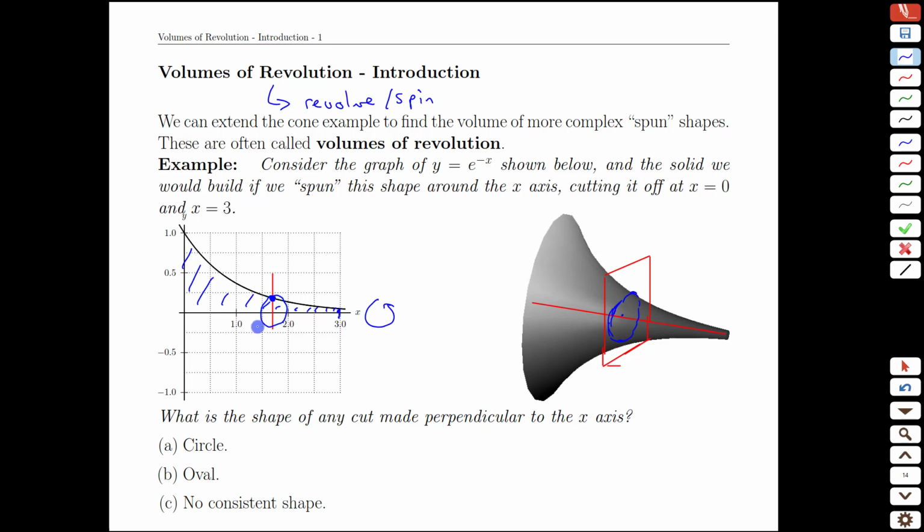So we are going to see a circular shape when we look at the cross section, leading us to the answer A in this scenario here. What that means is, as we take slices perpendicular to the axis of rotation here, perpendicular to the x-axis, we slice vertically, we're going to see circles, and then we can probably use that to find the volume of slices and then add up the volume of all the slices using an integral.